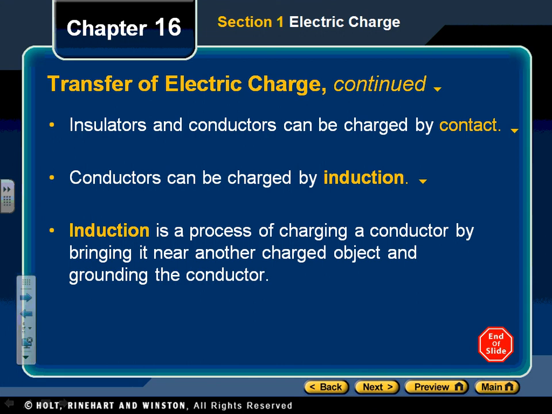There are a couple of different ways that objects can be charged: through contact or induction. Induction is the process of charging a conductor by bringing it near a charged object. That's actually what was happening with the van der Waals generator and the rod. You could see that I wasn't touching the orb, but there was a charge jumping across.